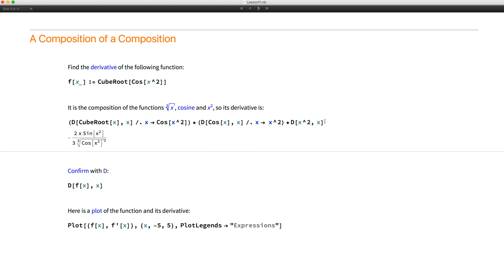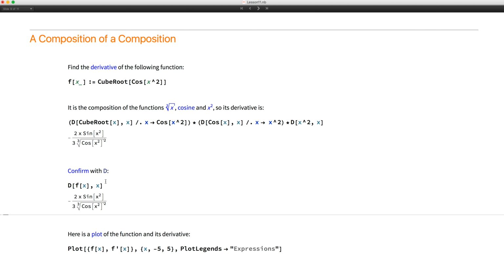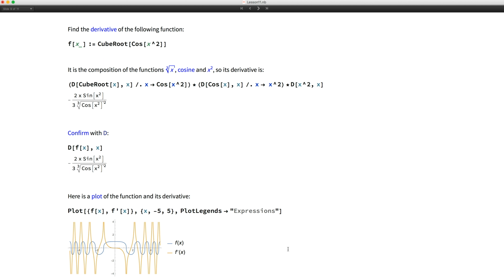So the answer over here is a fairly complicated function, but D confirms that it is correct, and you can plot the function and its derivative, and you get back this beautiful plot. So just to recall for you the procedure again, you work out derivative of x squared, the innermost one, work out derivative of cosine of x, and replace x with x squared, and then finally work out the derivative of cube root of x, and replace x with cosine of x squared.